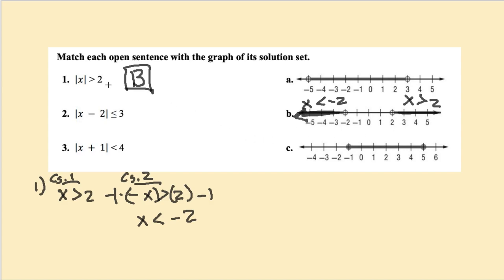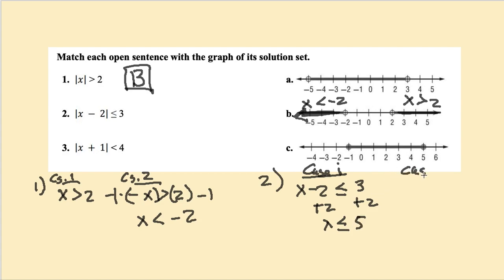We'll go with that. Now for number 2, my first case, case 1, I'll use a lowercase i for this, is going to be where you drop the absolute value signs and just solve it how it is. So add 2. So you got x less than or equal to 5.